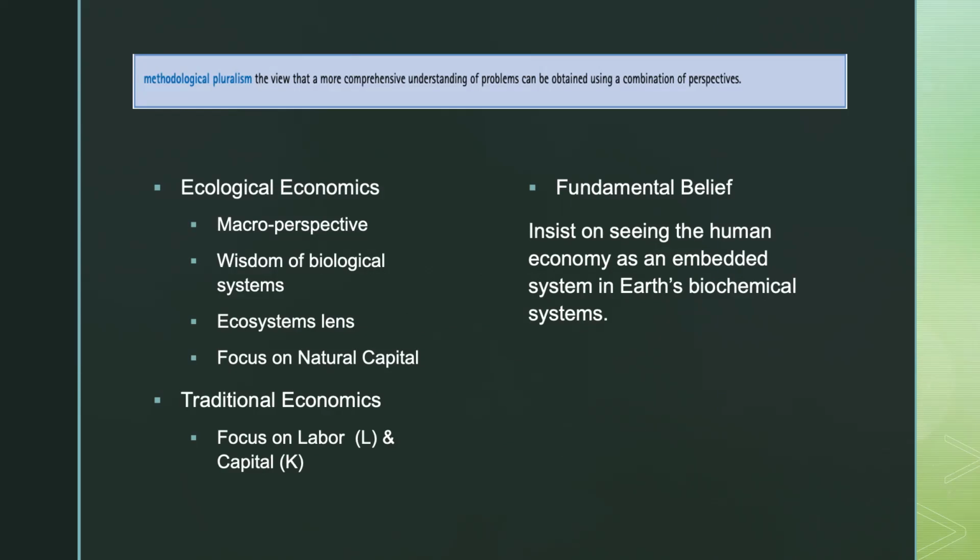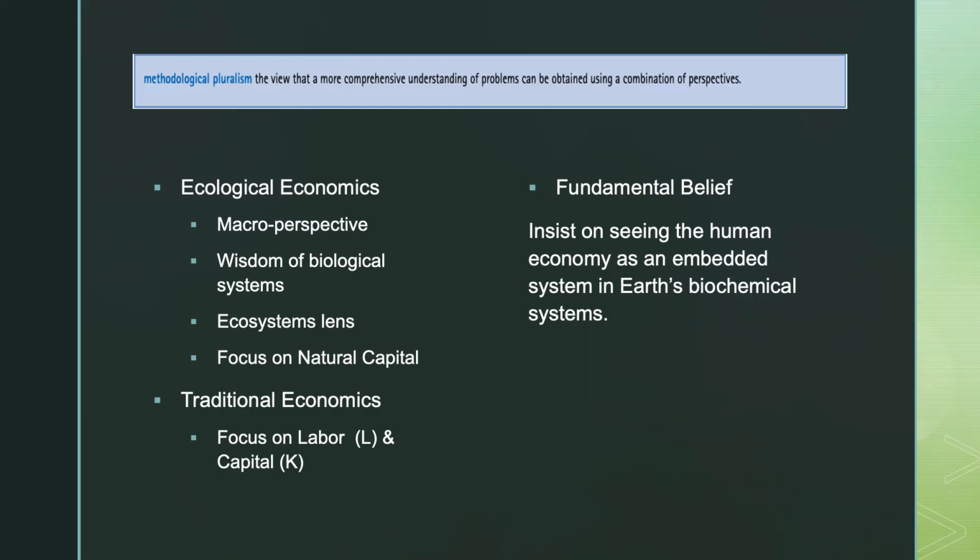Ecological economics is a perspective that we take on looking at problems that exist at the intersection of ecological systems and economic systems. So it really requires that we take a macro level perspective, a big picture perspective. Ecological economists believe that we need to use an approach called methodological pluralism.